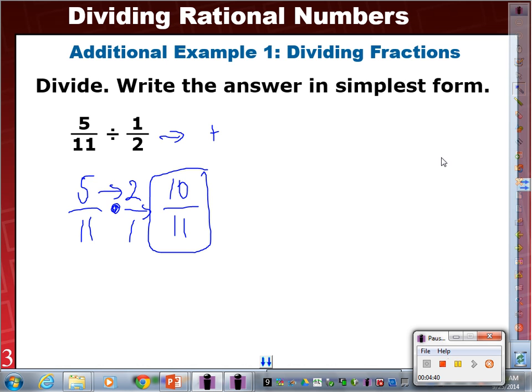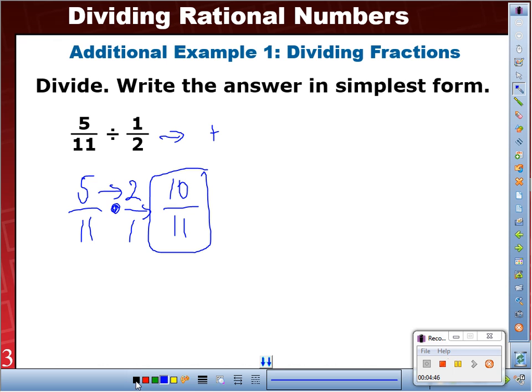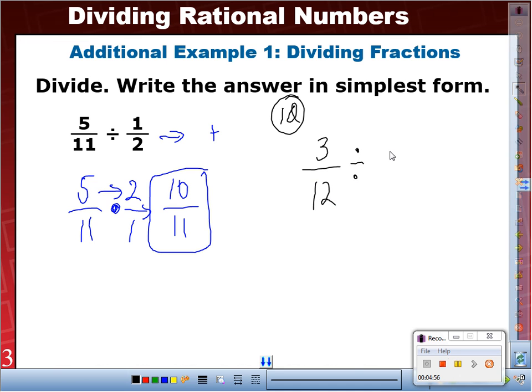Okay, copy this one. Example 1Q. You do this one by yourself. We've got 3/12 divided by 4/6. Go.